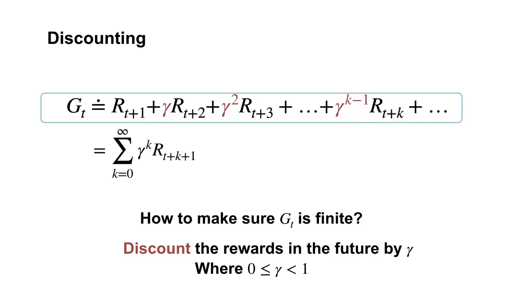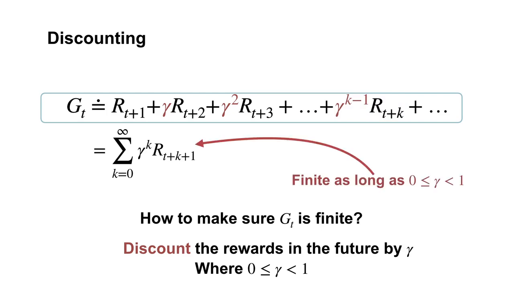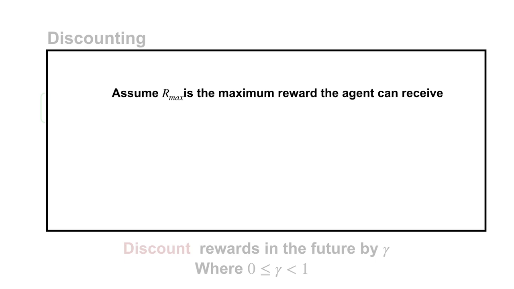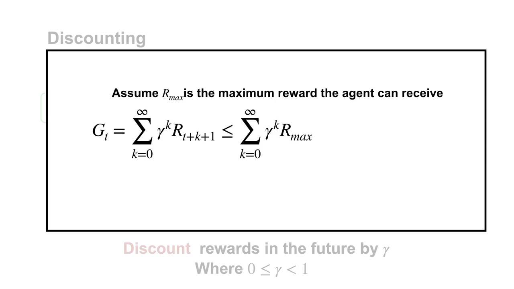We can concisely write this sum as this expression, which is guaranteed to be finite. Let's see why. Assume Rmax is the maximum reward our agent can receive at any time step. We can now upper bound the return Gt by replacing every reward with Rmax.